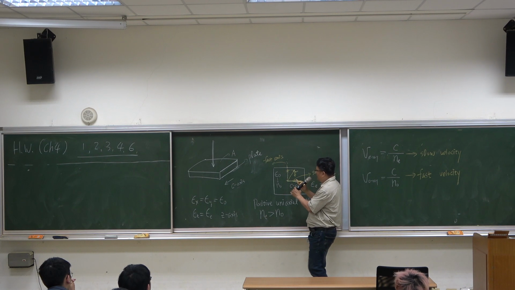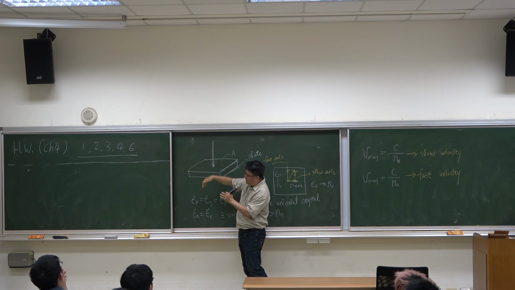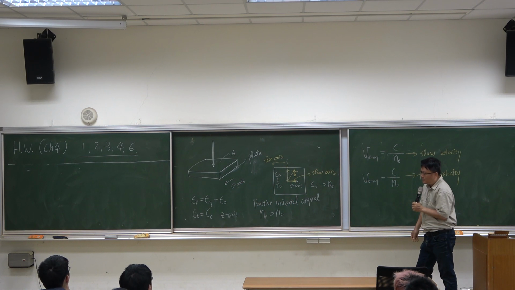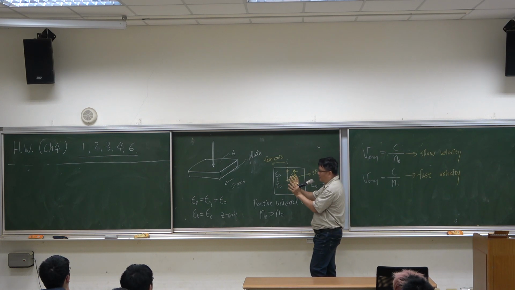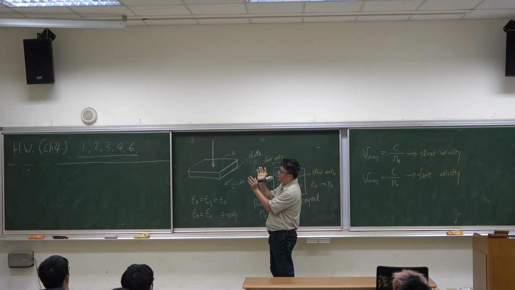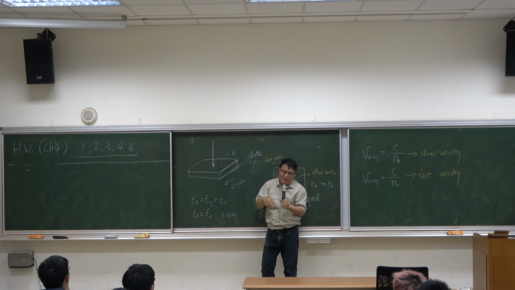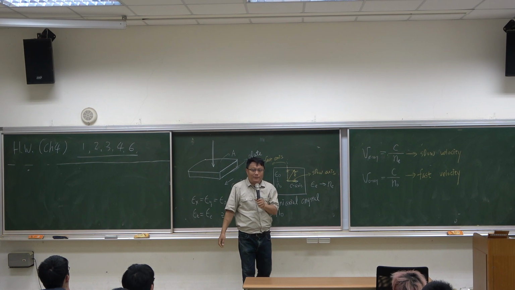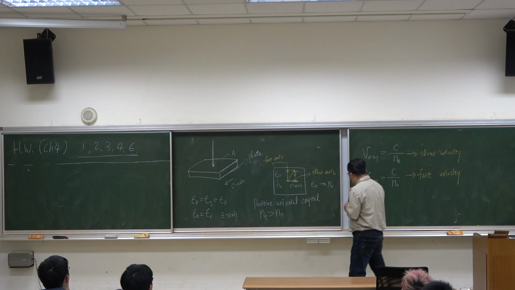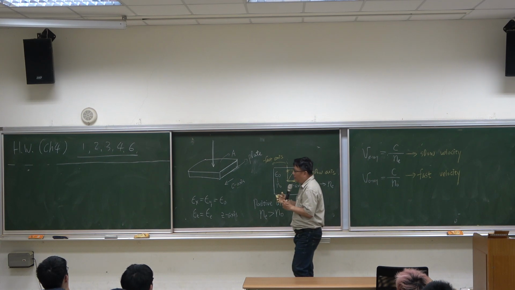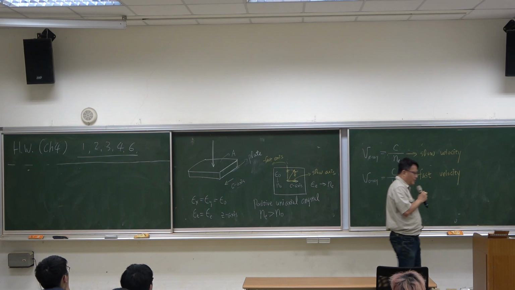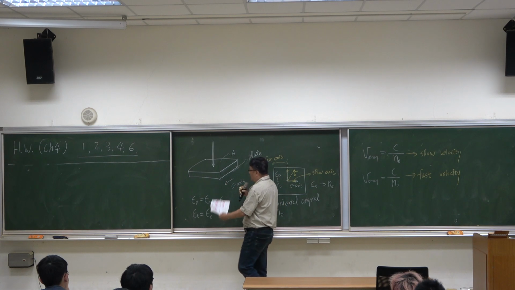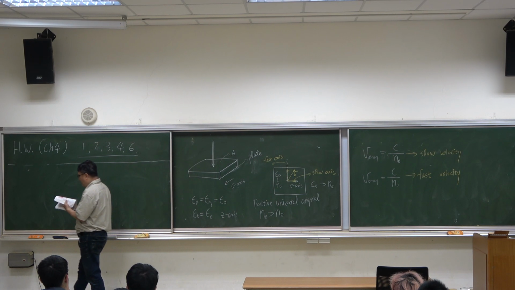Then, after penetration through this wave plate, these two components get different phases. So the relative phase between these two components is changed by this wave plate. So we can use a wave plate to change the polarization state. Okay? So now we consider how to calculate the effect of the wave plate on the polarization state.